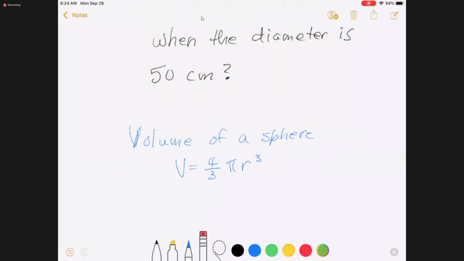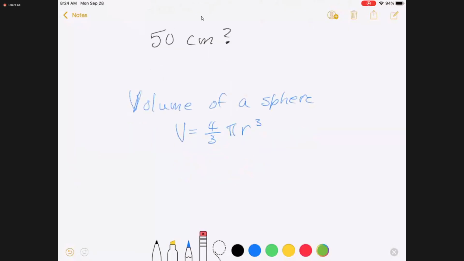Okay, but this sphere is changing in volume. Volume's not constant. The volume is increasing, which means the radius has got to be increasing too. V is changing, so it's a function of time. The radius is changing. The radius is a function of time.